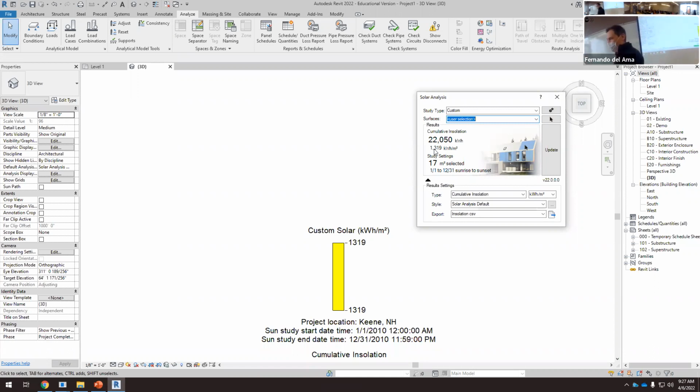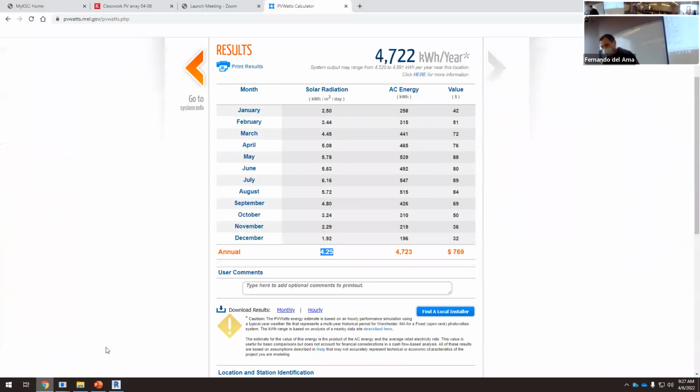Okay, what's the result in PVWatts? In PVWatts, we have 4.25 kilowatt hour per square meter per day. How many days? If we are in Revit, we have done a yearly analysis, so we have to multiply this by 365.